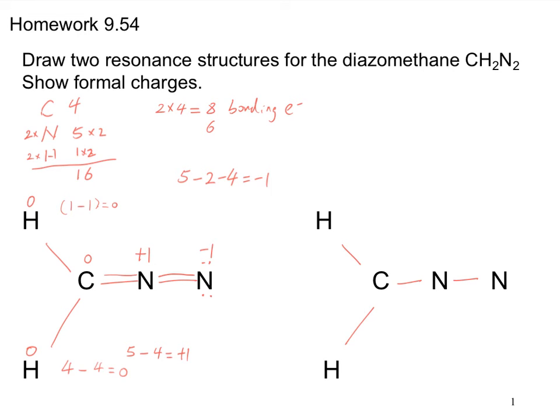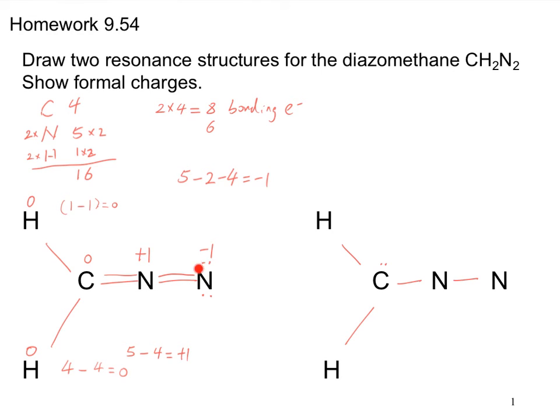Let's do that. We add a lone pair on carbon, which means we remove this bond and put it here as the lone pair. Now for the central nitrogen, we need 2 more electrons.